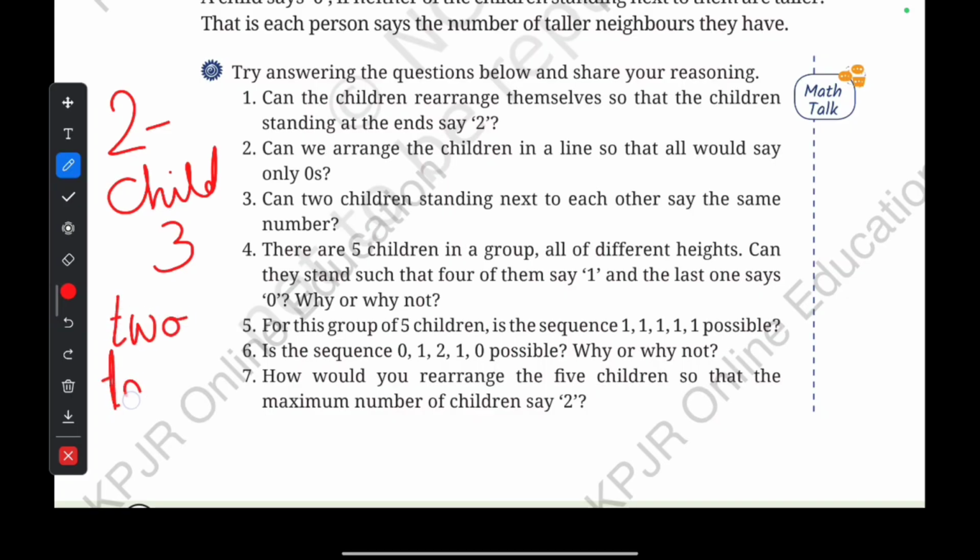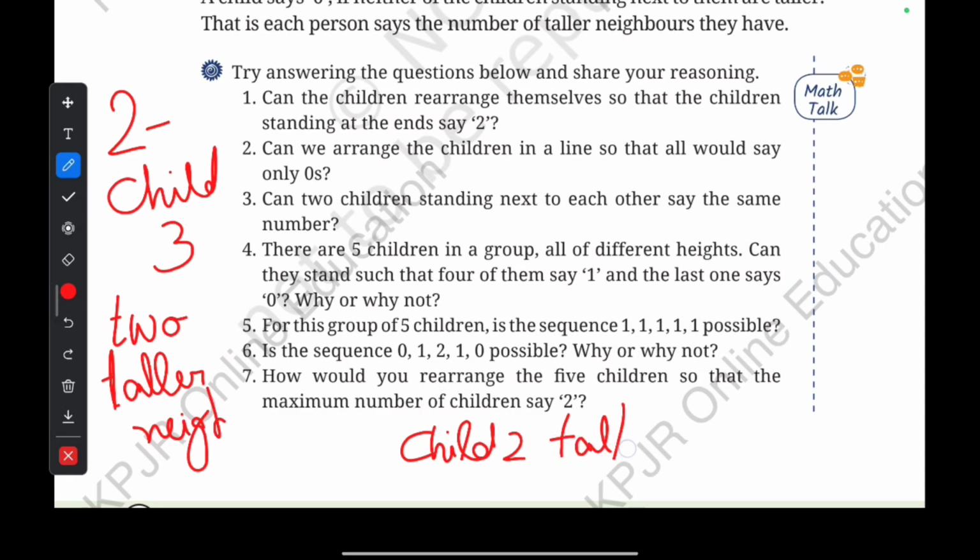Correct? Child 2 will be taller than child 3. So how do you write it? Child 3 is less than child 4. Understood? Any doubt?